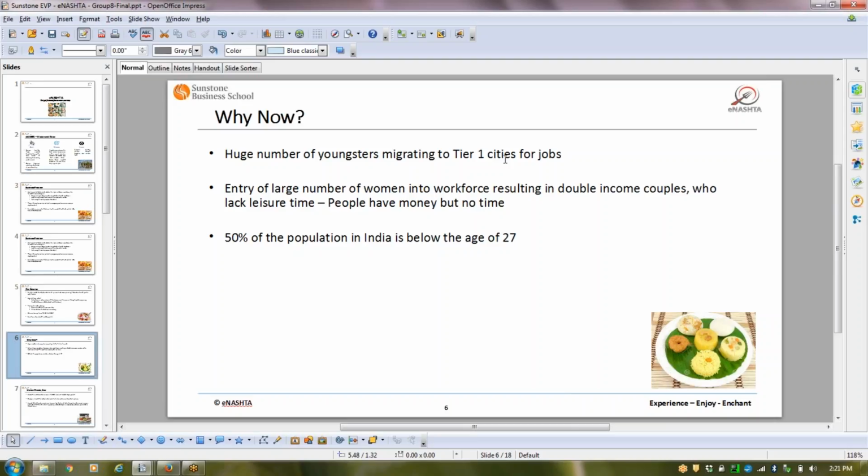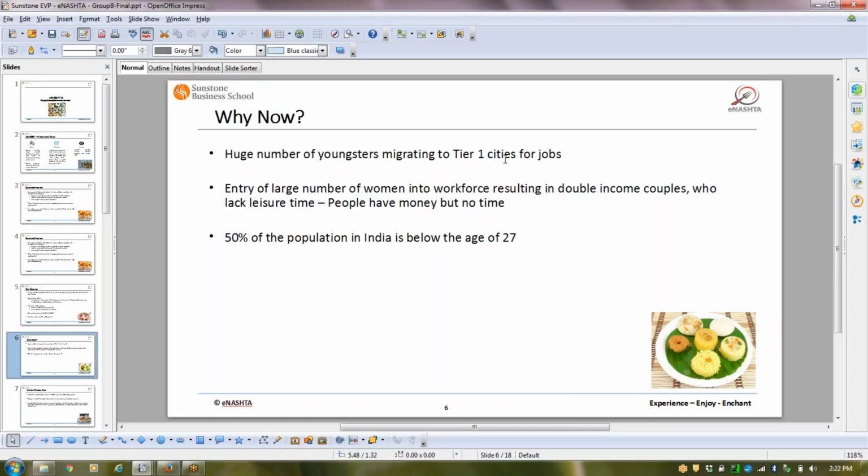And entry of a large number of women into the workforce, resulting in double income couples who lack leisure time. There are people who have money but no time. So this again is a very enticing point. If you look at the workforce history in India, right now we have the maximum participation from women.